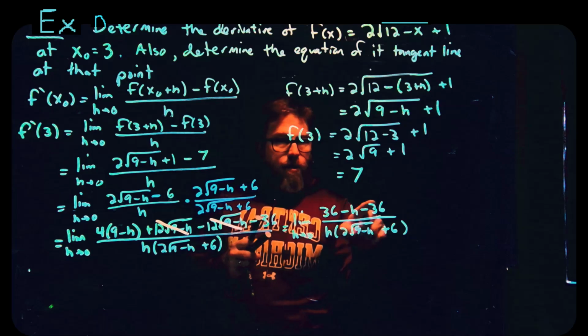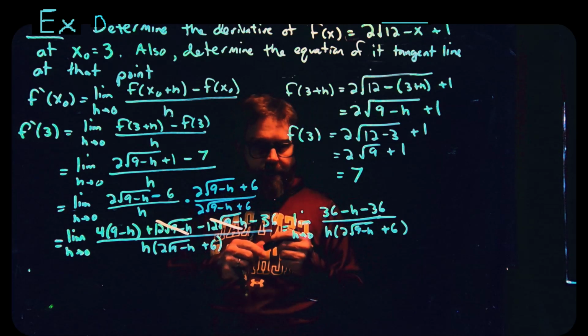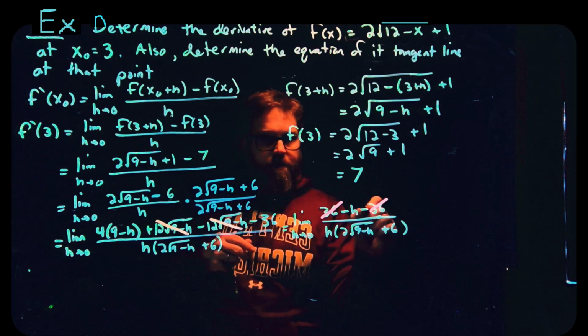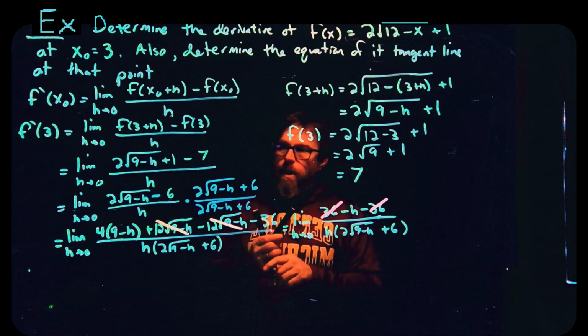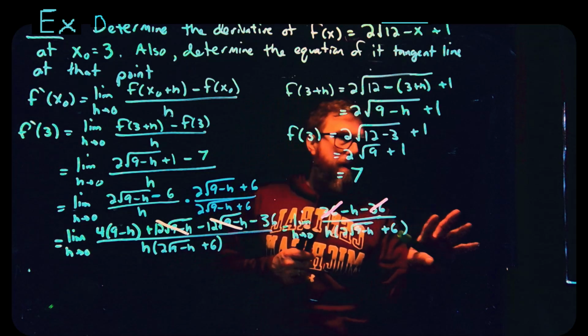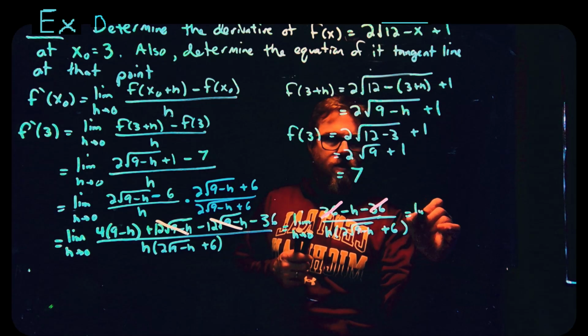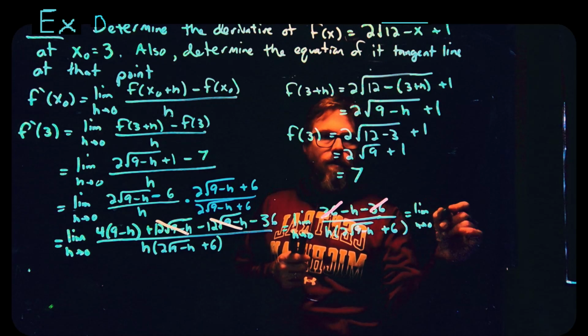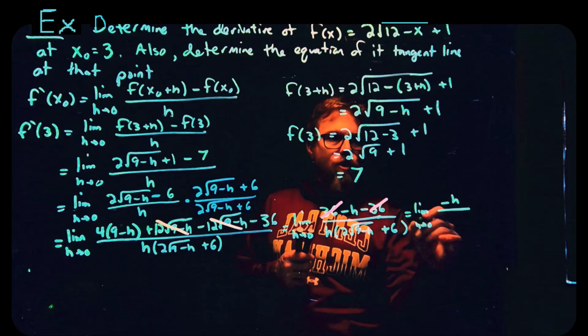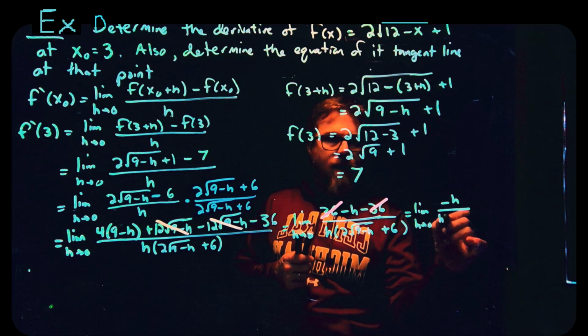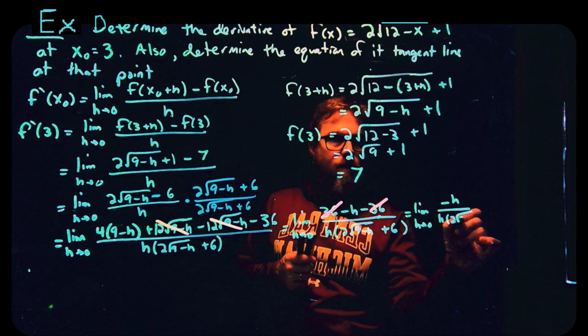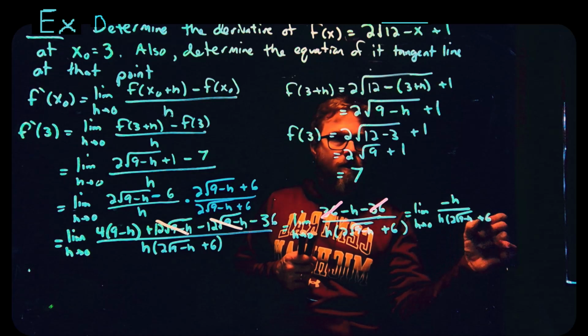And those 36 are going to cancel. And I don't like to cancel right away after that, too, because it might confuse students. So this is going to be the limit as h approaches 0 of, now I have this negative h over this h times that quantity 2 root 9 minus h plus 6.